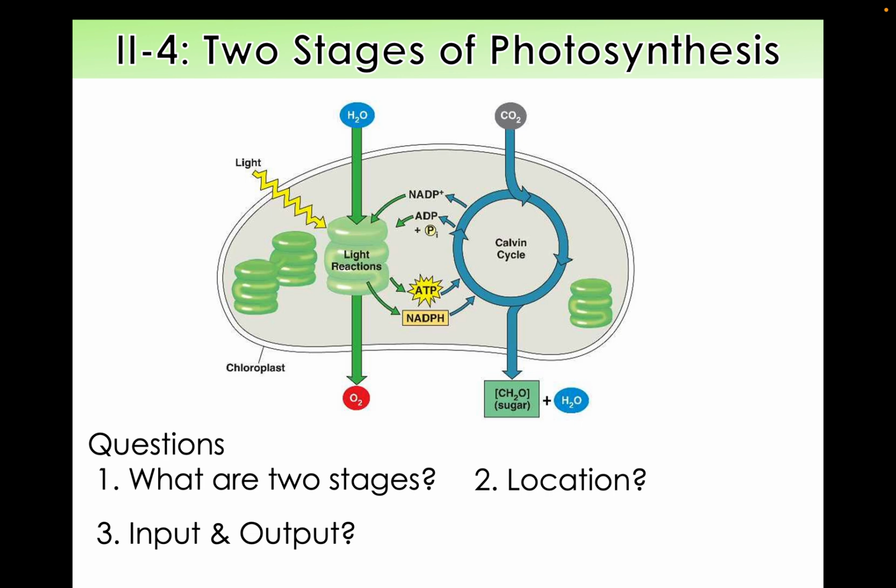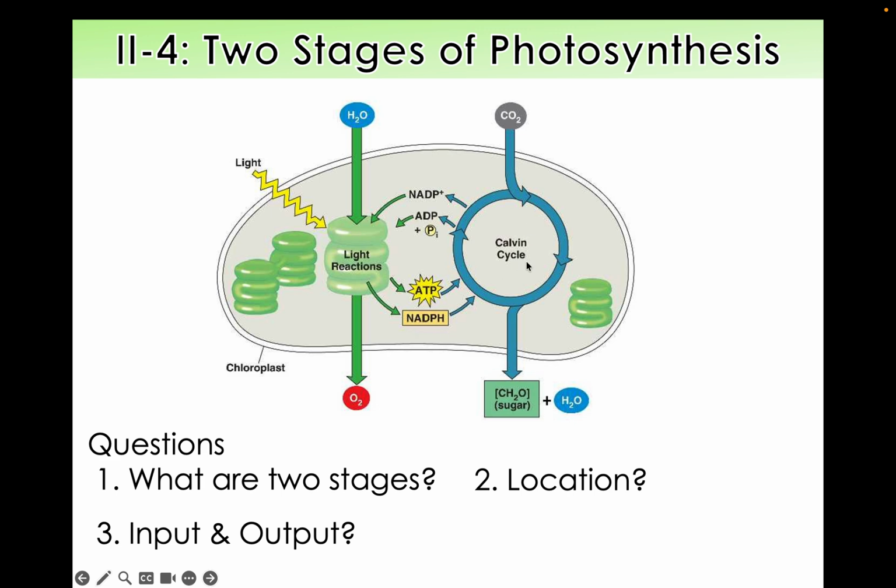We're going to talk about the inputs and outputs. You can see from this picture that both reactions, the light-dependent and the light-independent, have different inputs and outputs. So for the light reaction, you require light and water, and the output is going to be oxygen, also ATP and NADPH.